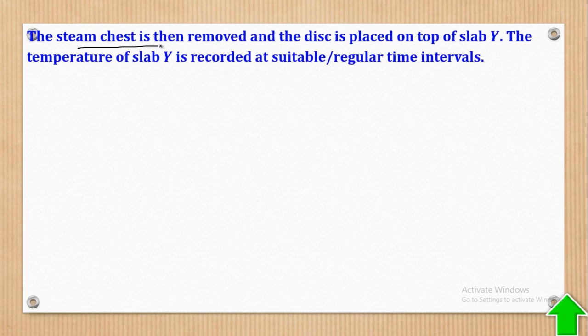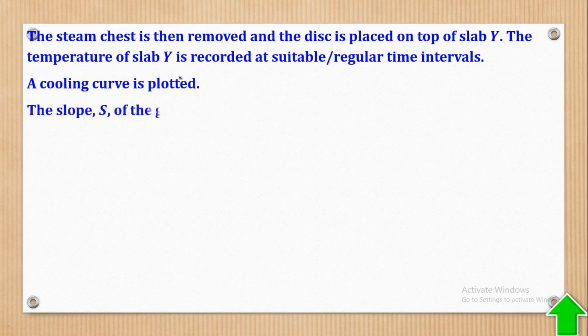So the steam chest is then removed and the disc is placed on top of slab Y. The temperature of slab Y is recorded at suitable regular time intervals. A cooling curve is then plotted, and the slope S of the graph at theta1 is obtained.